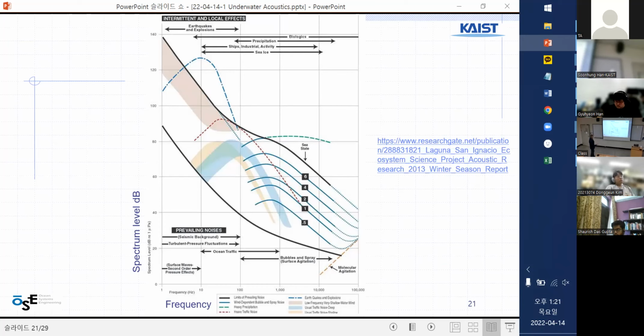Seismic, ocean traffic, bubbles and spray, and molecular agitation. So there can be a low level and frequency, decibel. So this is a high sound, big sound. So in the ocean there are different kinds of sound sources.